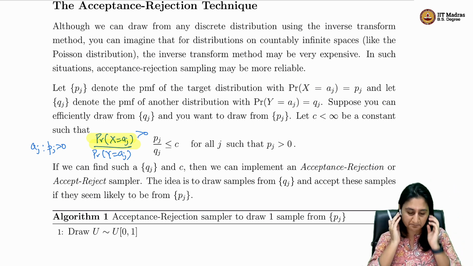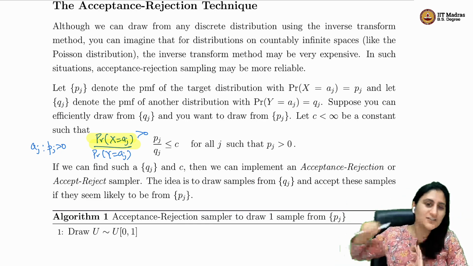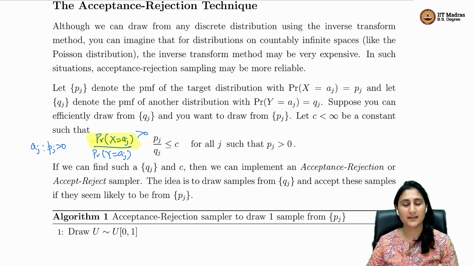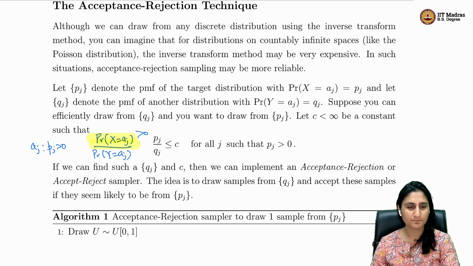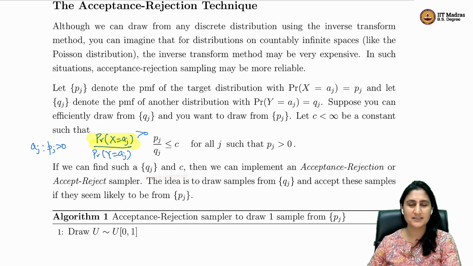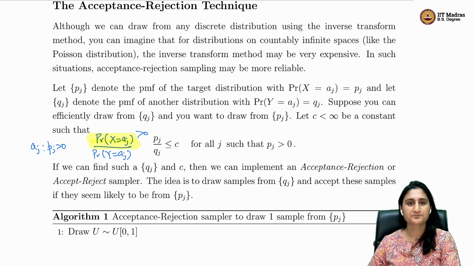So that's what this is saying. I suppose now that for all the j's, p_j / q_j is bounded by something finite. If this holds, and we can find such a q_j and the corresponding c, then we can implement an acceptance rejection technique, or what I like to call an accept-reject sampler.